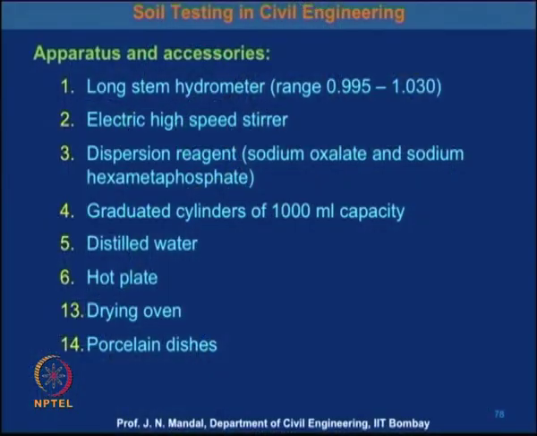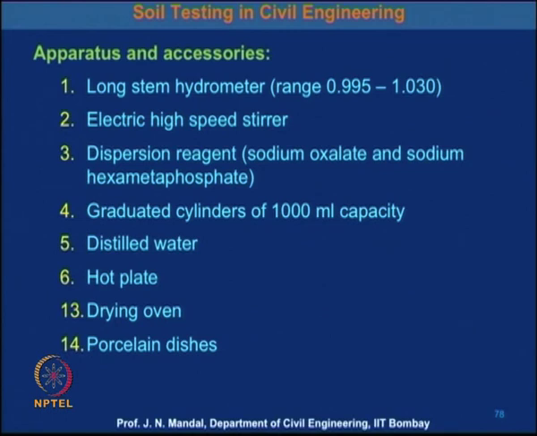Now, for this we require certain apparatus and accessories. You require a long stem hydrometer that ranges from about 0.995 to 1.030. You require an electric high speed stirrer, then a dispersing agent, for example sodium oxalate and sodium hexametaphosphate.